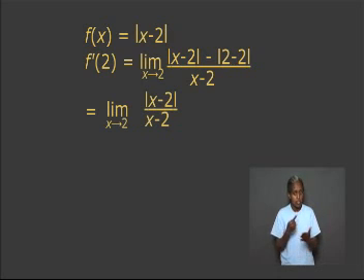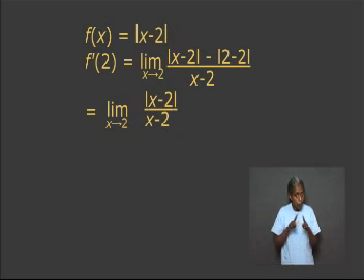This simplifies to the limit of the absolute value of x minus 2 over x minus 2 as x approaches 2.